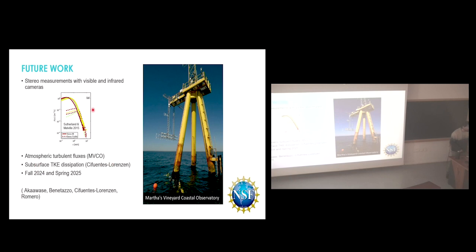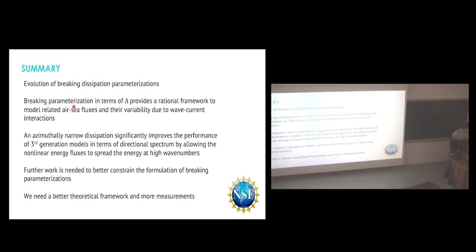Here's a comparison from Sutherland and Melville of this lambda of c with IR and with visible imagery. Once you start using IR imagery, you get a lot more breaking at the shorter scales because those waves are not entraining air. So I'm interested in looking at these scales where the bimodality is really extreme and you have a lot of small-scale breakers. So I'm going to leave it at that.